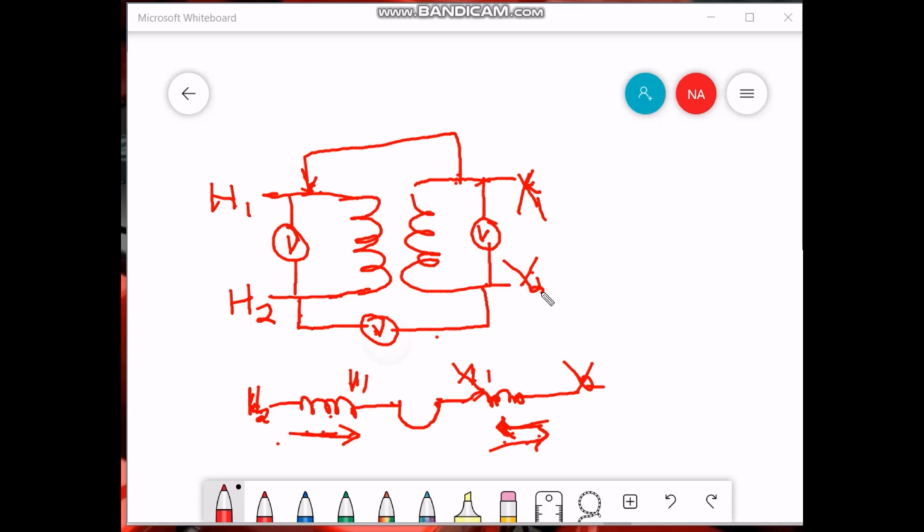If the voltage appearing here is the sum of this voltage and this voltage, then the polarity is additive. If the voltage here is the subtraction of this voltage and this voltage, then the polarity is subtractive. So this is what we are going to do in the polarity test.